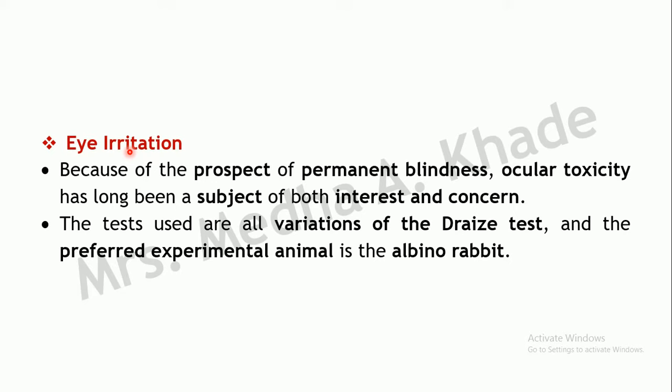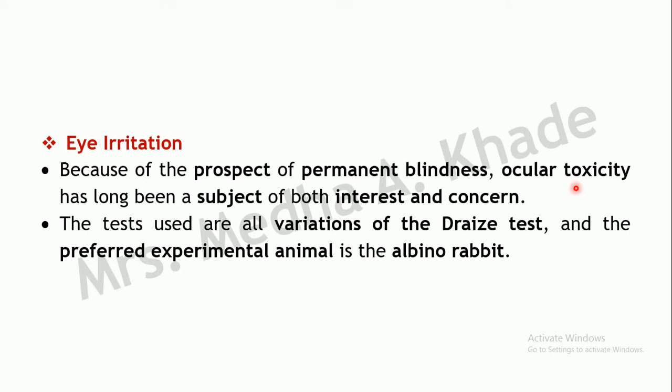You will have an idea how toxic it can be and what you can do, whether rinsing the eye immediately is helpful or not. But the problem with this test is that it might develop permanent blindness and ocular toxicity in the animal.